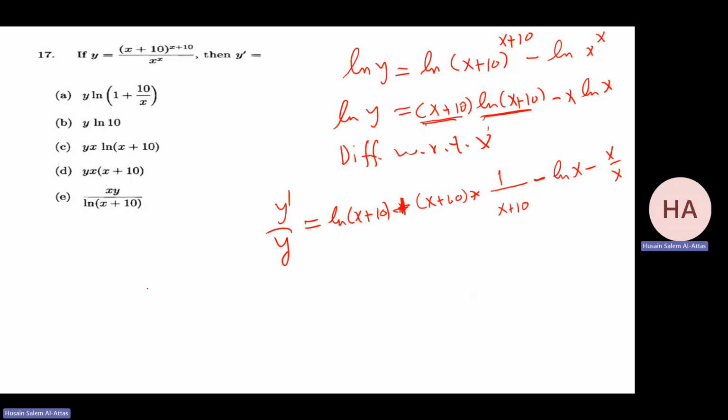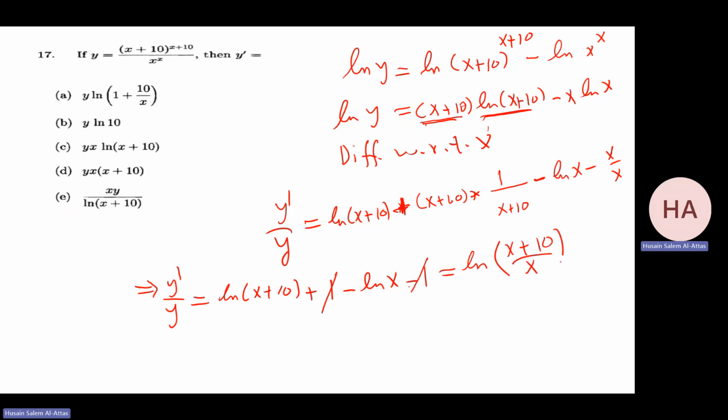So what are we getting? That means y prime over y will be ln(x plus 10) plus 1 minus ln x minus 1. This cancels. So I have ln of (x plus 10) over x.